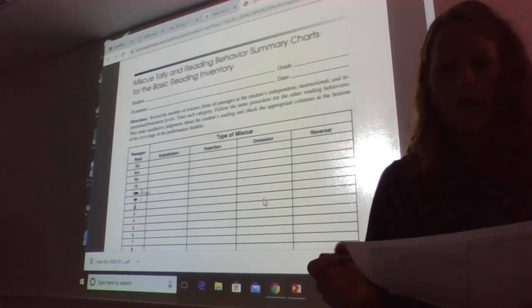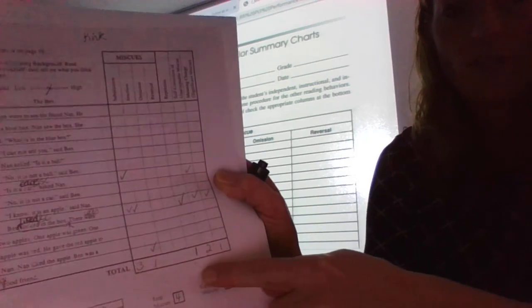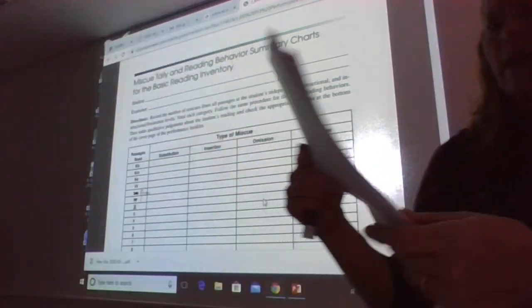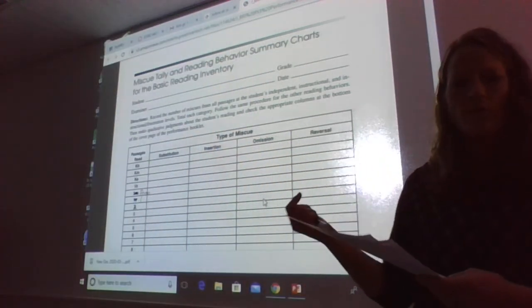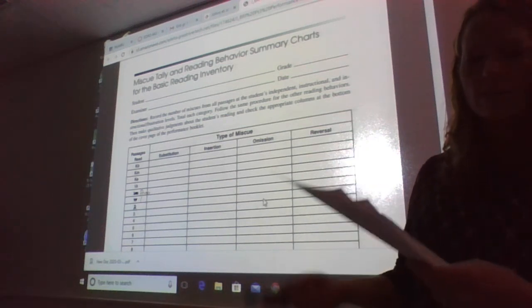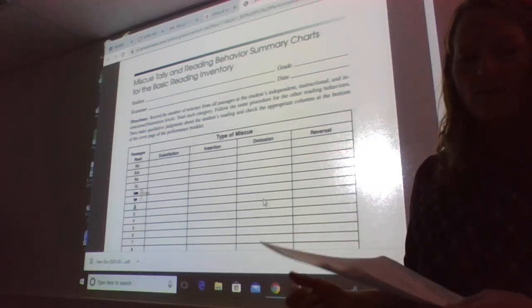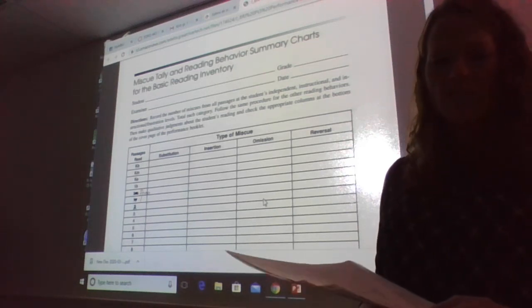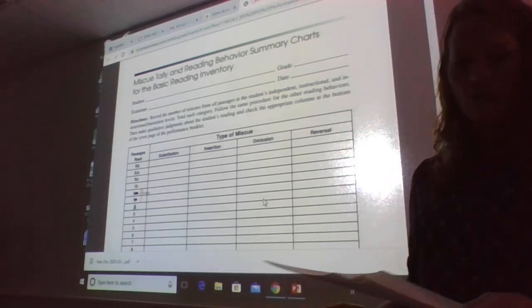So for the primer, I'm just going to take the information right off of the bottom where we've already totaled it, and enter that information onto my form. So he's going to have 3 substitutions, 1 insertion, 0 omissions, and looking down at the bottom, 1 repetition, 2 self-corrections, and 1 meaning change.